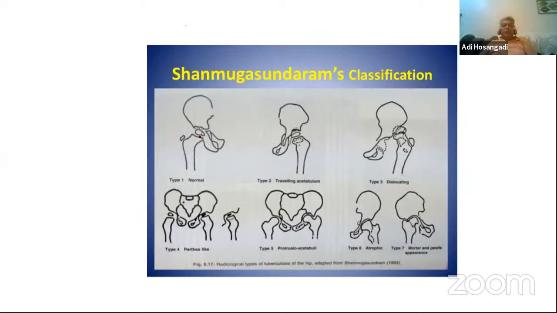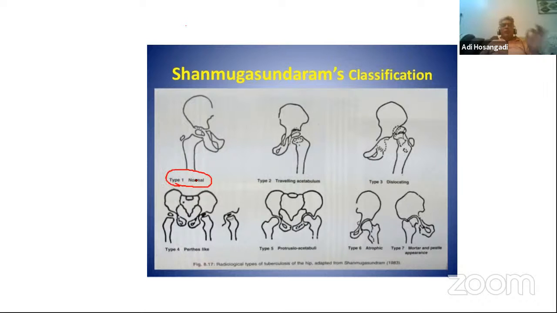Yes, the Shanmugasundaram classification, what I was mentioning, you should know this. I have told you about the radiological classification of tuberculosis of the hip. Okay, please remember. Type 1, it can be normal.